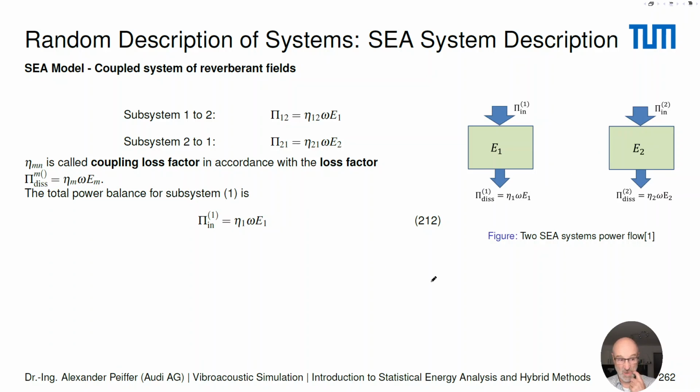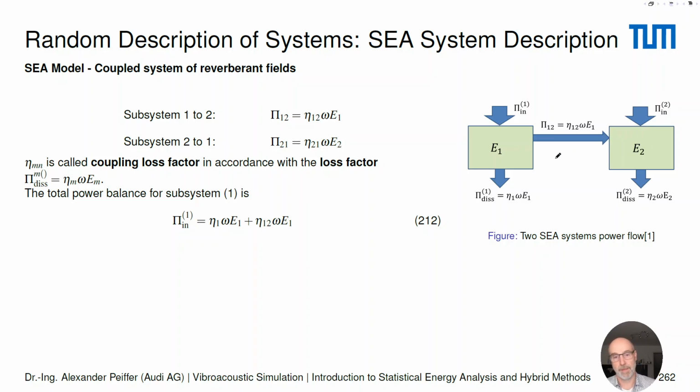So let's have a look at the total balance for subsystem number 1. The power input is given by the above arrow. That's just the input power, and this is balanced to the dissipated power given by this expression. When subsystem number 1 exchanges energy to the other subsystem, that is given by this power flow, by this arrow here, and given by coupling loss factor η12.